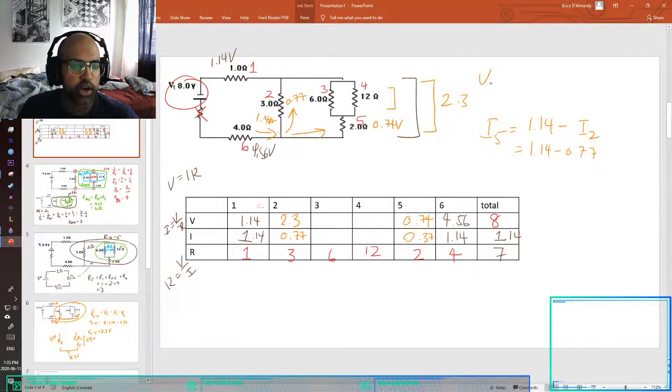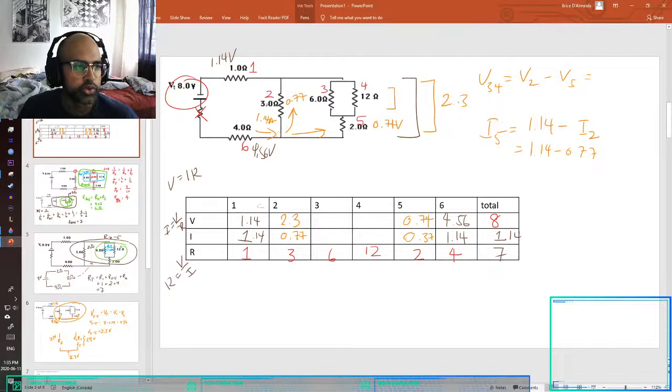2.3, the voltage of 3 and 4 is equal to the voltage of number 2 minus the voltage of number 5. Did I do the other way around?